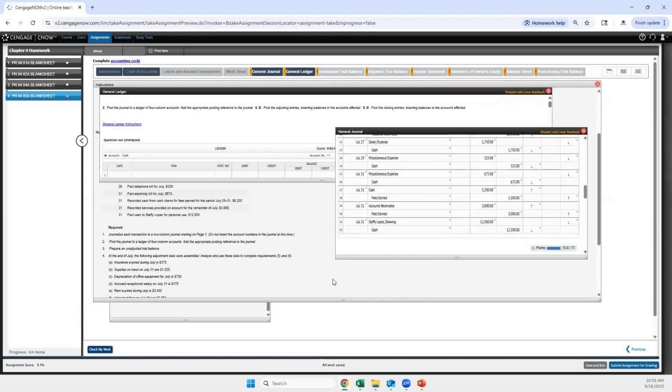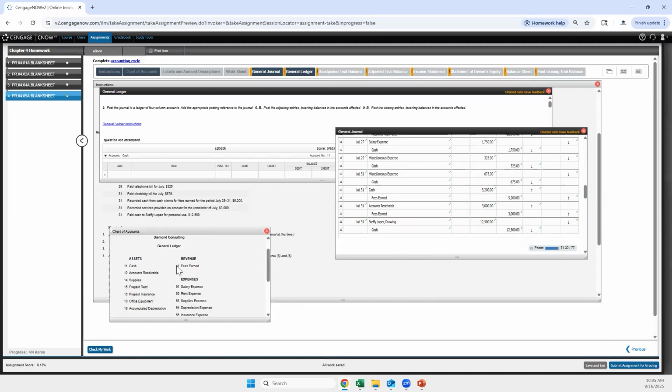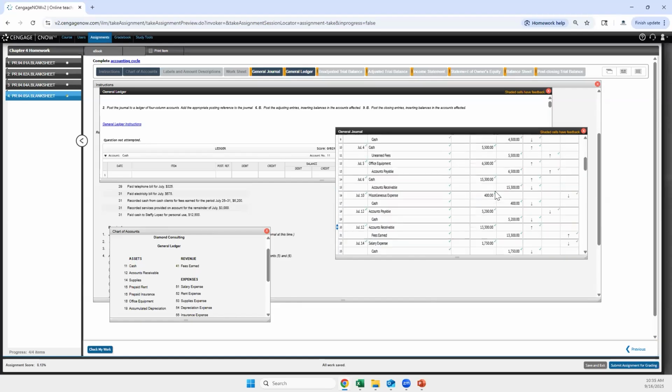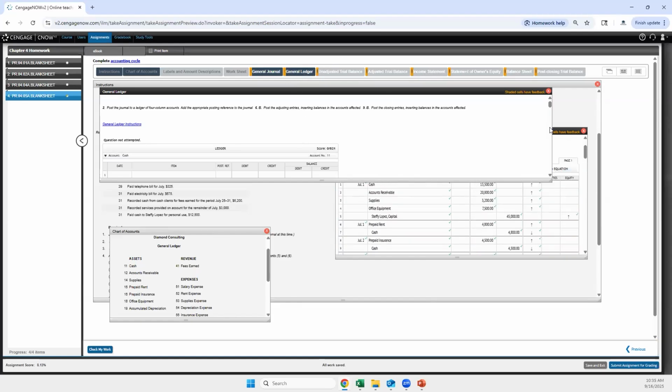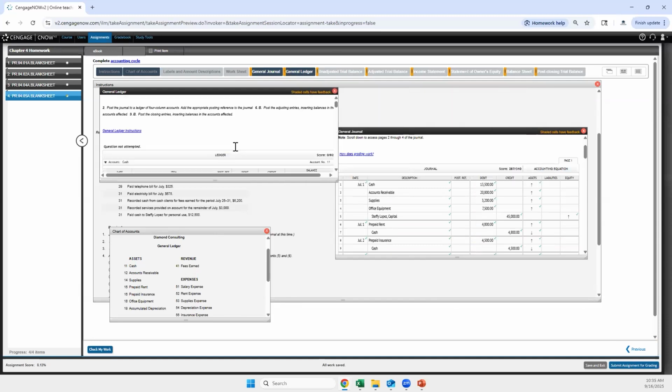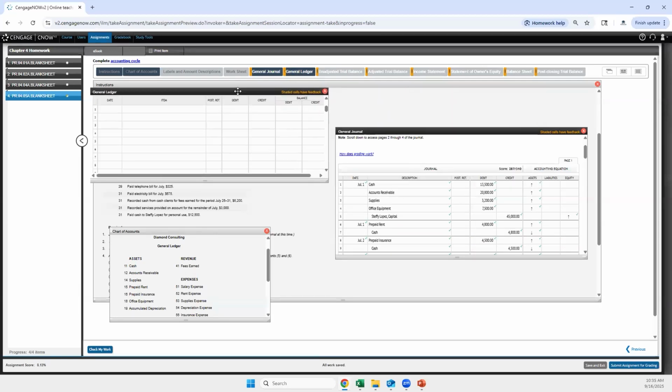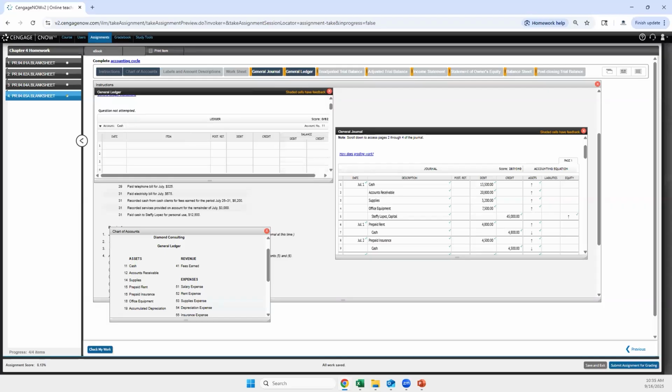The amount was incorrect because I had an extra zero. So now what we will need is our posting references, which as you're going through, they're just the account numbers for each of these so that when you post them to your general ledger, you know whether you've posted or not. So we're going to go through and post these to the general ledger now.